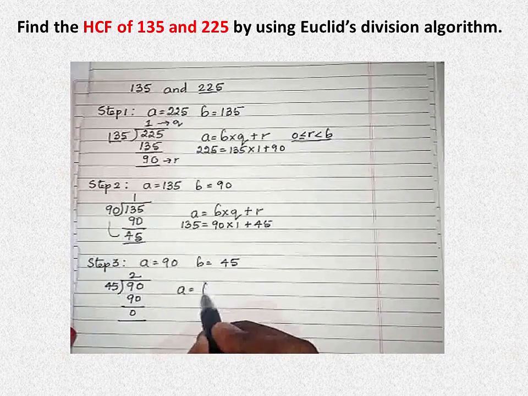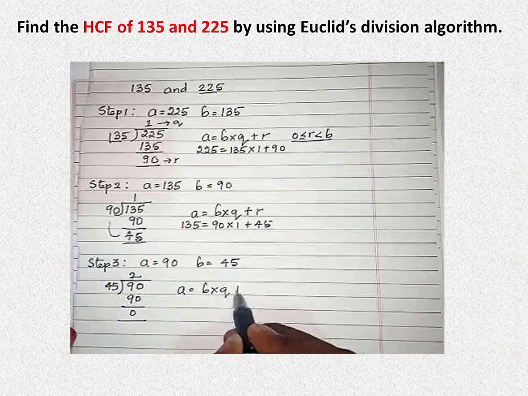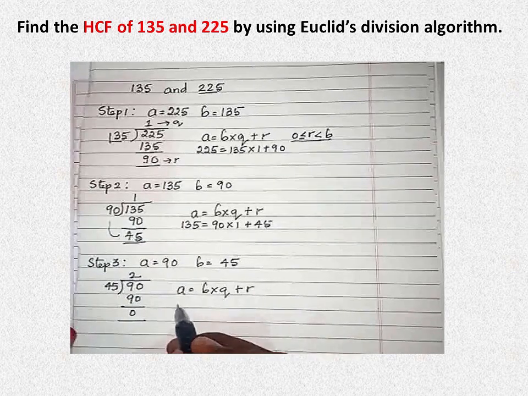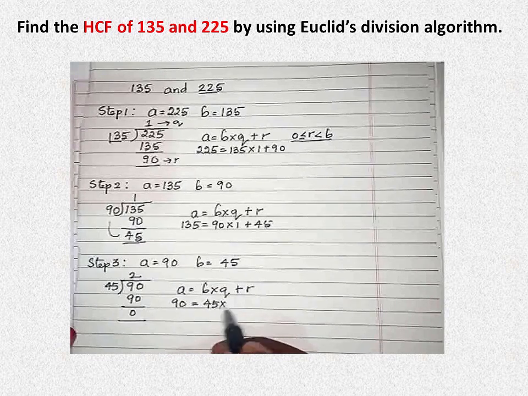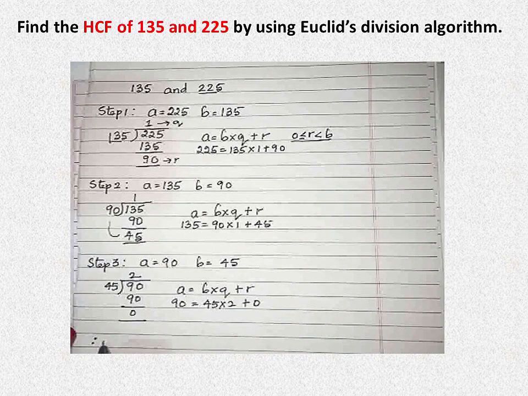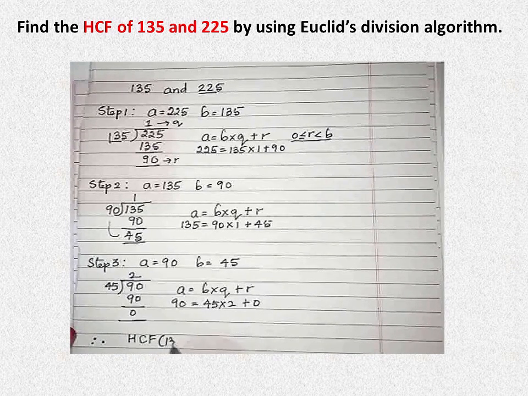Therefore A equals B into Q plus R. Again substitute the values of A, B, Q and R. Since the remainder is 0 in step 3, we'll stop the process here. Therefore HCF is the dividend of step 3, that is 45. HCF of 135 and 225 is 45.